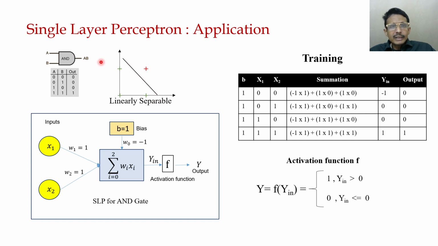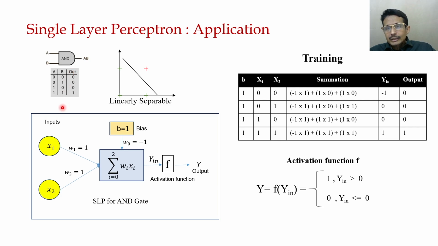Now the question is how we are going to implement this. We are asked to implement a single layer perceptron for the AND logic. Our input is x1 x2. In the case of A and B, we have x1 x2, and the bias term we assume is always one. So we have to find such W1, W2 and W0 so that this truth table can be met.